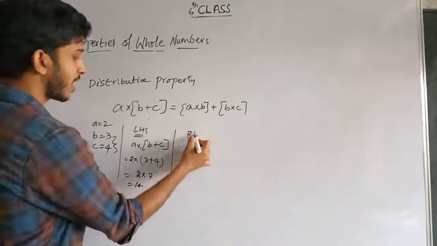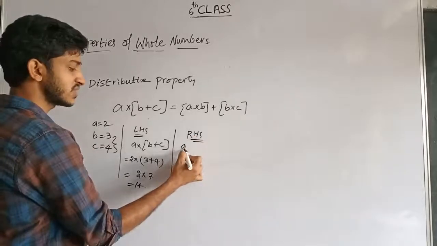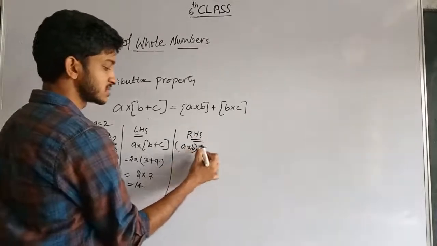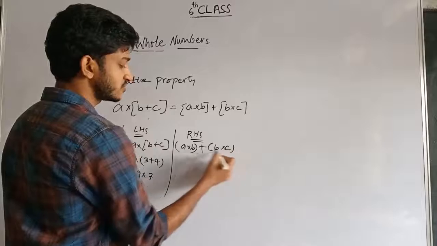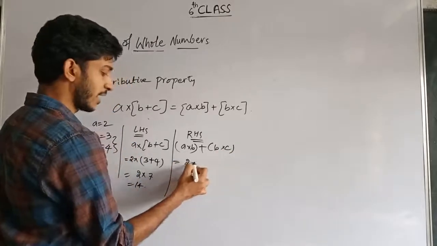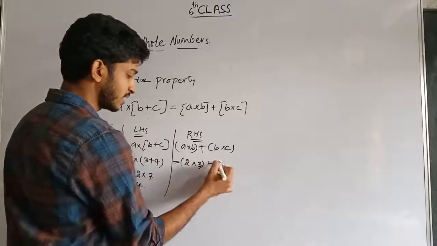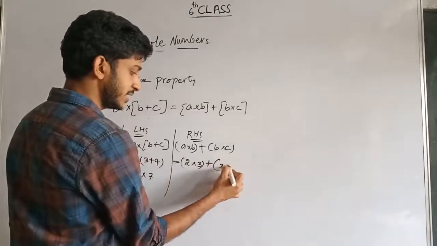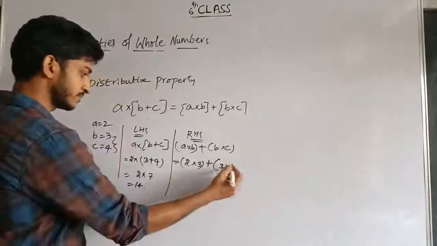Now I am doing RHS. In RHS, A is 2 here, B is 3 here, and C is 4.